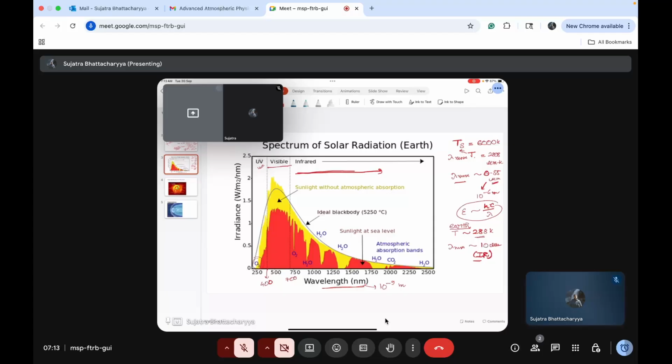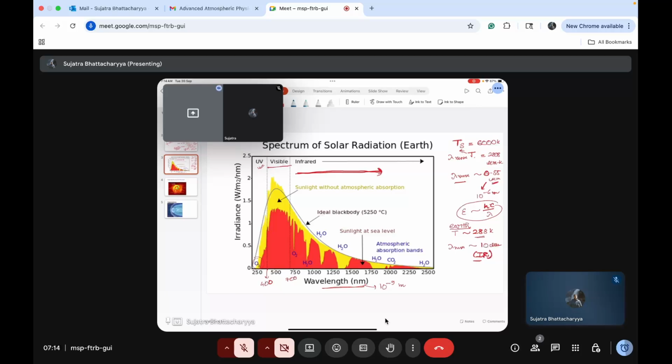So remember this. The surface of the Earth, based on its temperature, emits radiation whose wavelengths are in the infrared range. But the Sun, which has a very high temperature at the surface, emits mostly in the visible. The maximum wavelength is in the visible.